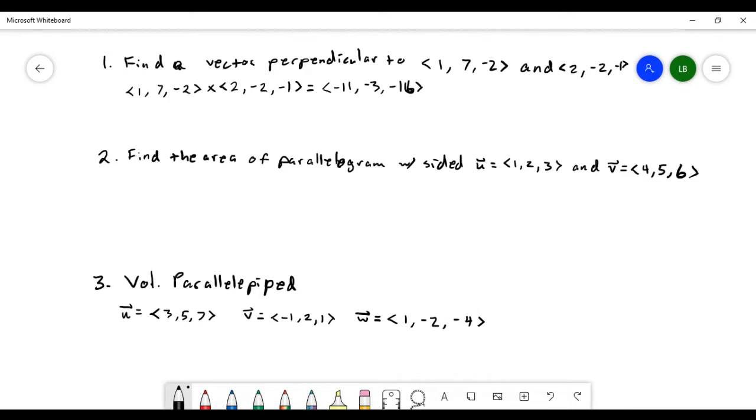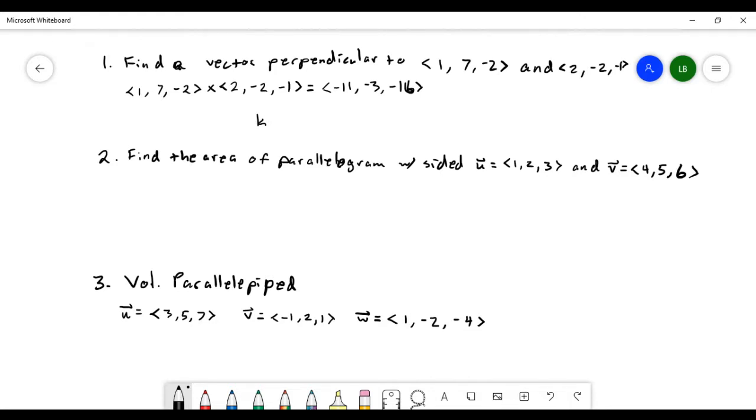And that just comes straight from the definition of a cross product, which I basically have memorized. So I just did 7 times -1 minus -2 times -2, got -11 for my first term, and so on.